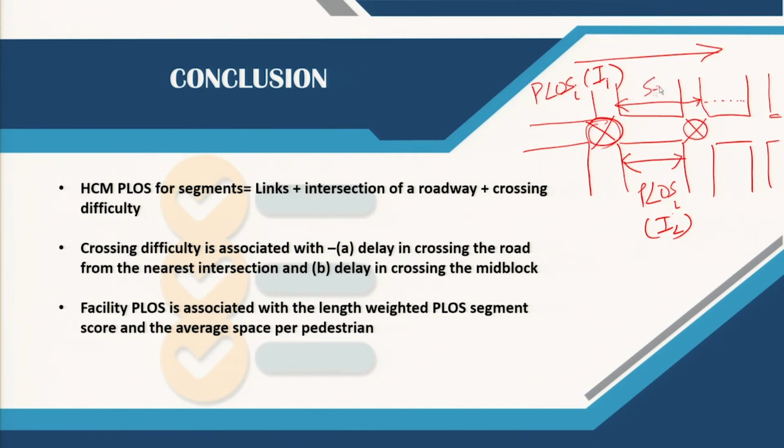Now, that will be the segment, which is given by the ISEG pedestrian level of service score, and then if you are looking at the entire facility, then you have to go to the downstream signal. That will consist of multiple segments. This will be segment 1, this may be segment 2, right. So, segment 1 and segment 2 together will constitute the facility.